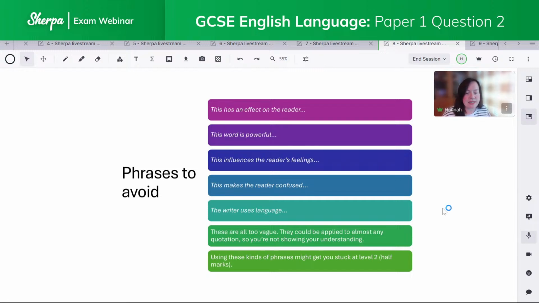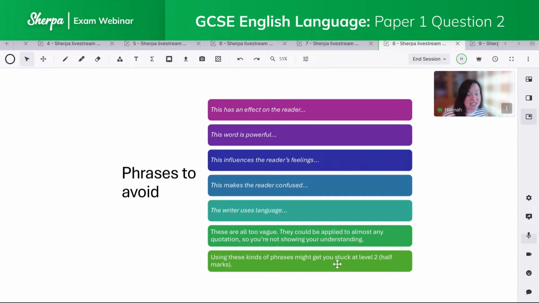As it says here at the bottom, all of those sentence starters are a bit too vague, and they could be applied to basically any quotation. That's not showing your understanding. So you need to be more specific. What you say about a quotation should apply only to that quotation. I shouldn't be able to pick up your analysis and apply it to another quotation.